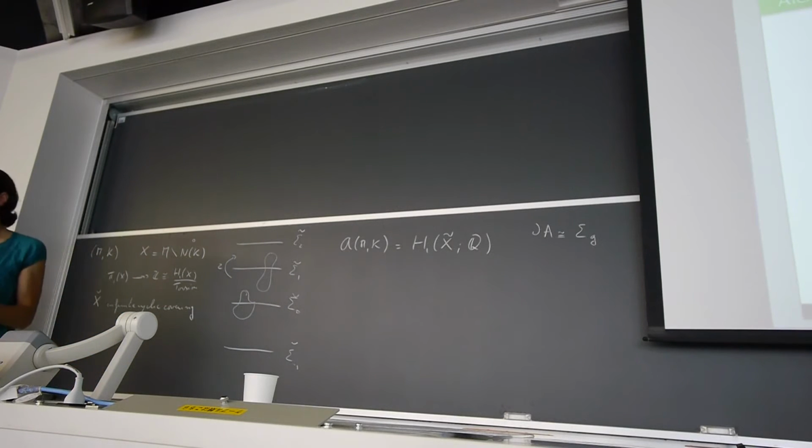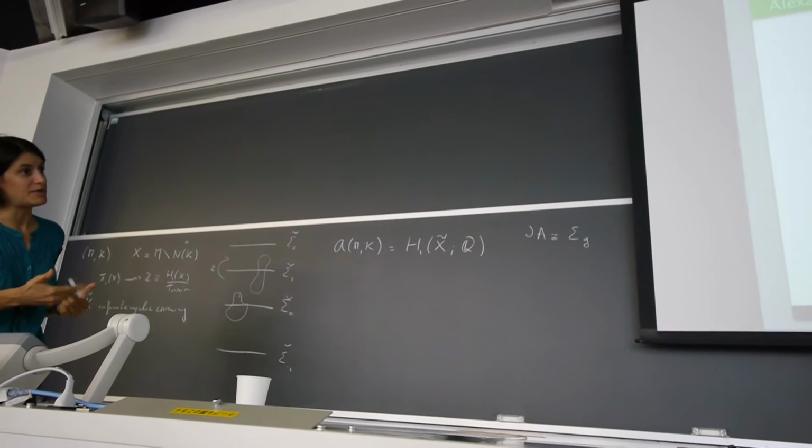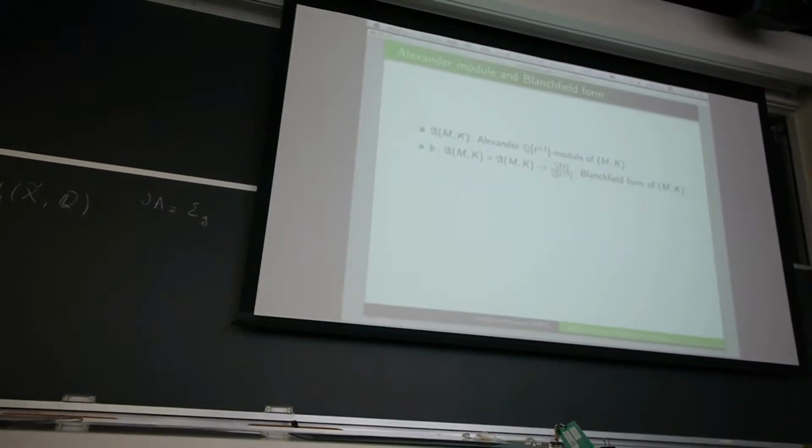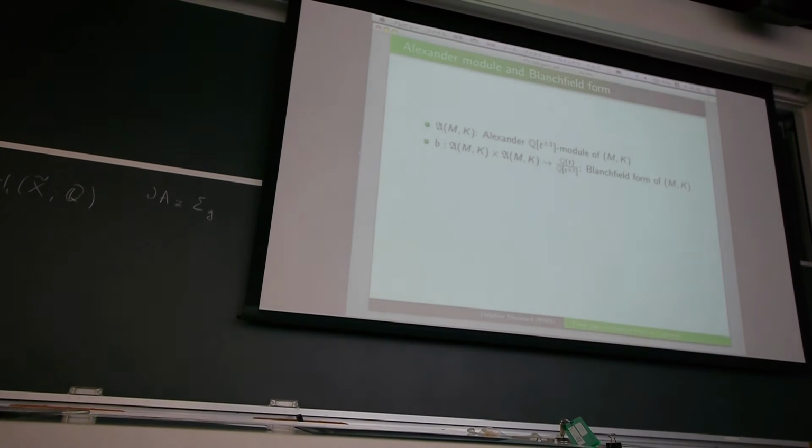And this provides an equivariant linking pairing, which is a polynomial. For any homology class, we obtain a rational fraction, which up to polynomial only depends on the homology class of the curve. Just to say it briefly.